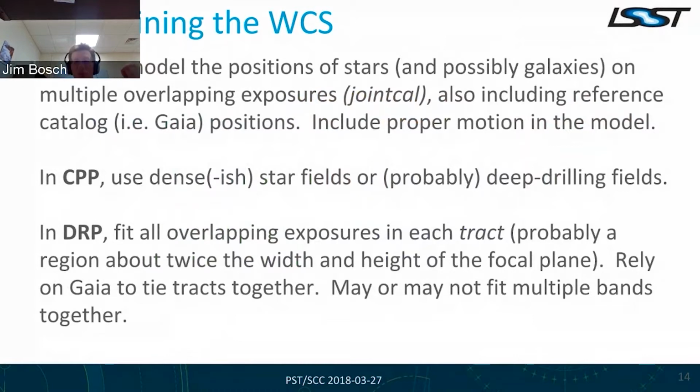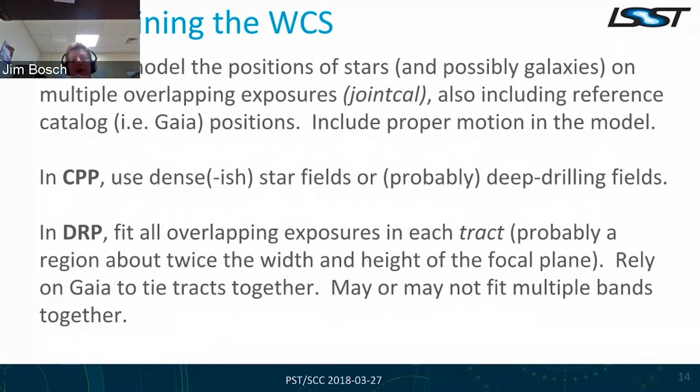And of course, we'll also include Gaia positions, reference catalog positions, which for LSST, once we're in operations, is certainly going to be Gaia, and that will be much more powerful than tying to reference catalogs has been in the past, because the Gaia catalog is much better constrained, and it really is a rigid system that we can tie to. So to a large extent, we're essentially just mapping out the coordinate transforms on spatial scales that are smaller than the distance between Gaia stars.